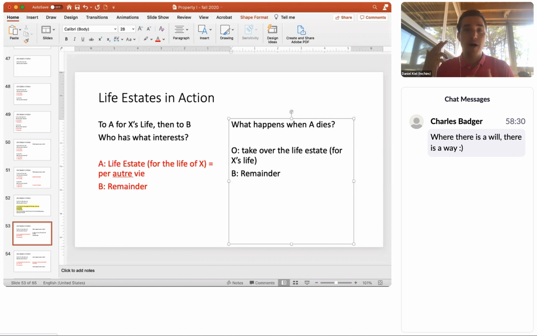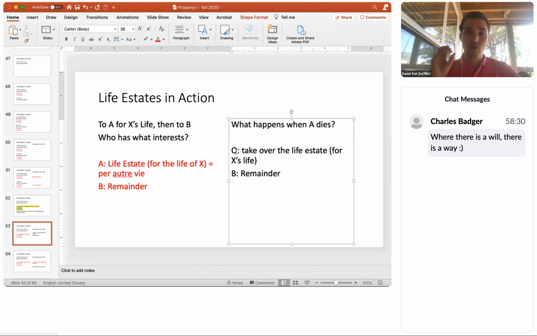So there's three possible options to what would happen if it was a fee simple and A died, okay? And in any of those options, it doesn't go back to the grantor.